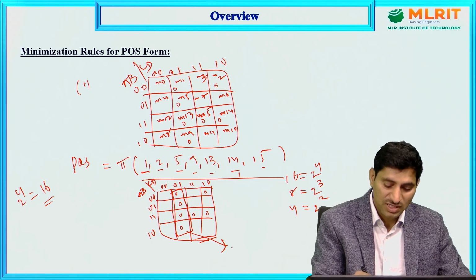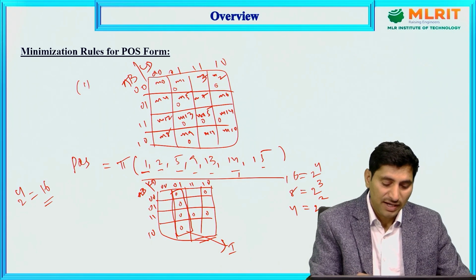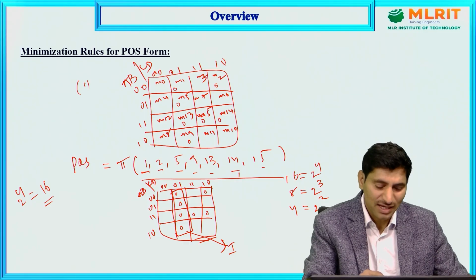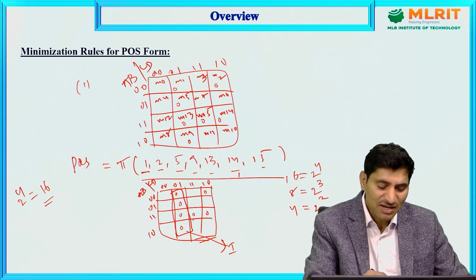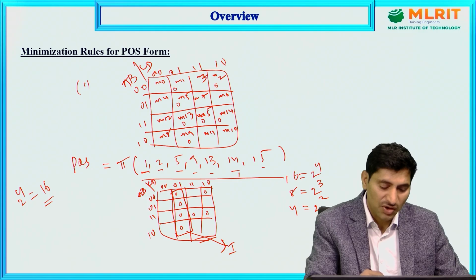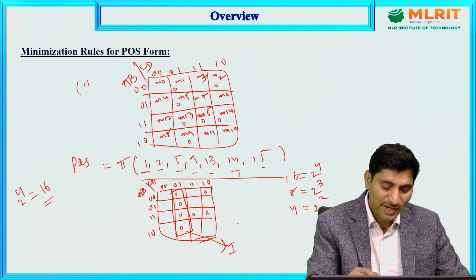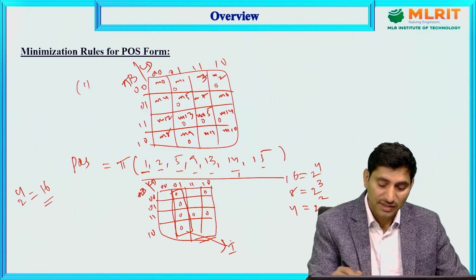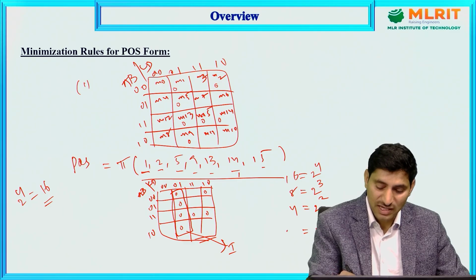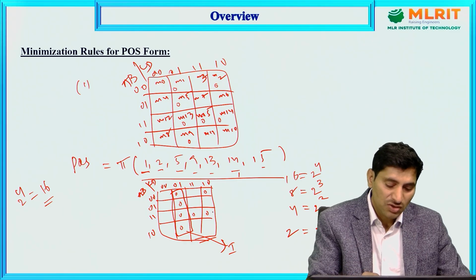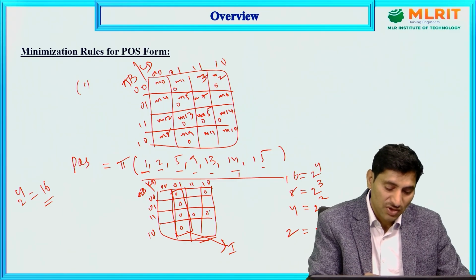So this is one group. Next possibility we have to see, is there any other 4 cell grouping? No, obviously not. So 4 cell grouping is not possible. Then next highest we have to see 2 cell grouping. So 2 cell grouping is possible. So we can group this one.